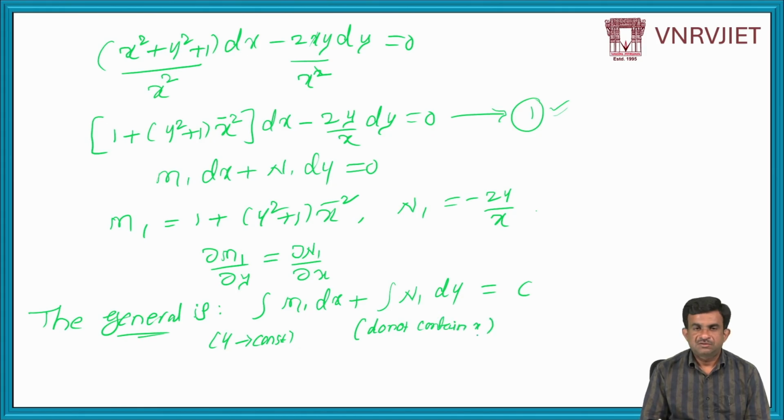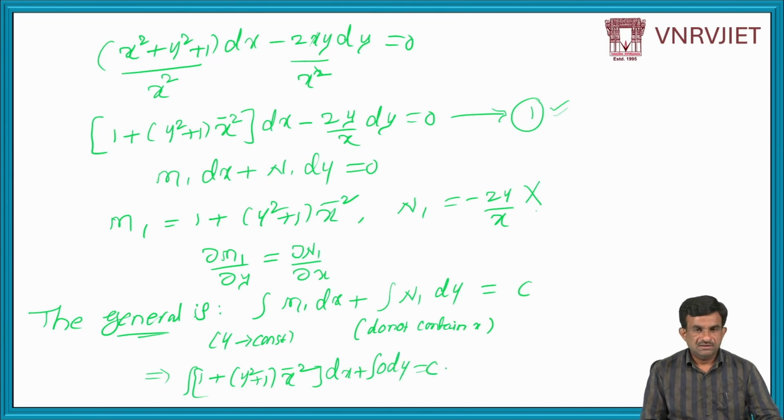If you observe N1, it contains x in its only term, so we don't take this term in the second integral. Finally we are left with the integration of (1 plus (y square plus 1) into x power minus 2) dx, plus 0 dy, equal to c here.